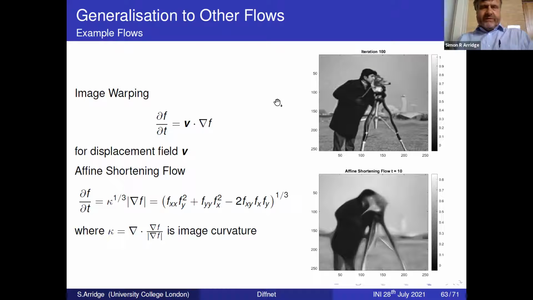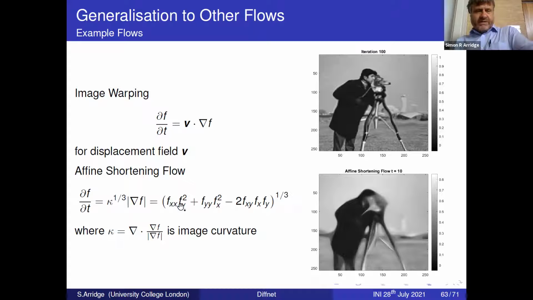And then if we look at image warping, we can represent it as just a transportation for a known displacement field S. So here's a sample of a spatially varying warp cameraman. And we also, out of interest, I wanted to apply this to something more nonlinear.